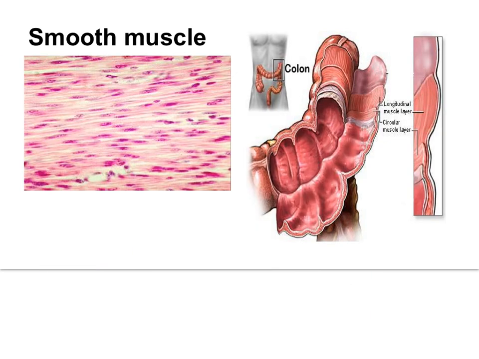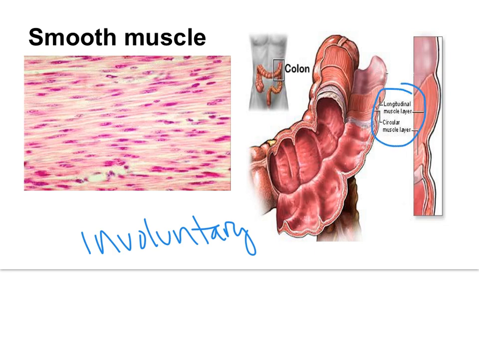That's striated muscle. Smooth muscle is, remember, involuntary. We cannot control our smooth muscle. One of the places that we see smooth muscle is lining our intestines, and we actually have two different layers of smooth muscle in our intestine. We have a longitudinal layer which goes up and down like this, and then we have a circular layer which goes like this.